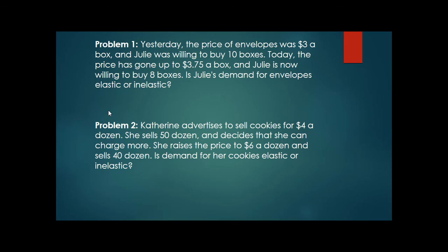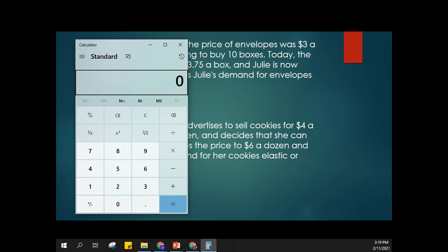So what you're going to do is take your $3 and multiply it by 10 boxes, and you're going to realize that Julie is willing to spend $30 at the beginning in order to buy those boxes. Now, if the price goes up to $3.75 a box, you're going to see that Julie's only willing to buy 8 boxes. And that makes sense because that would be the law of demand, right?